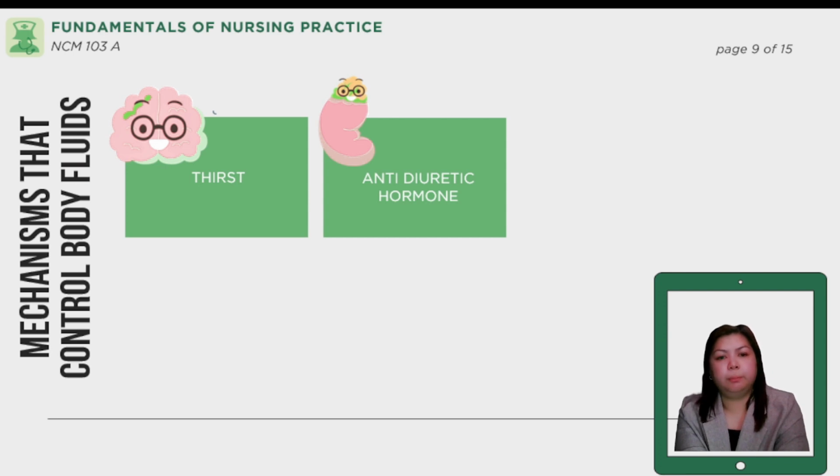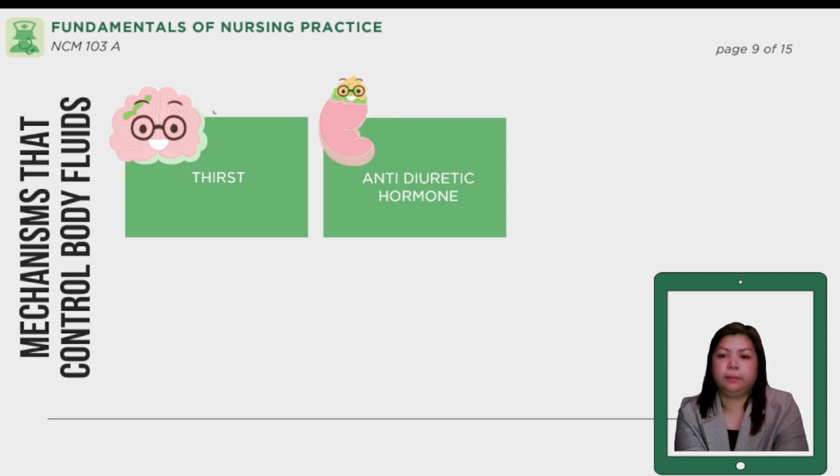When blood volume decreases, indicating low fluid levels, ADH secretion increases. ADH acts on the kidneys to increase water reabsorption, reducing urine output, and thereby conserving water back to your body.